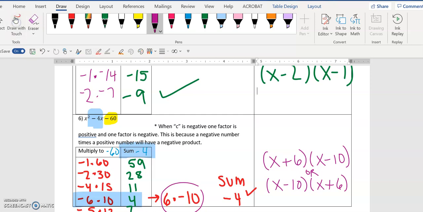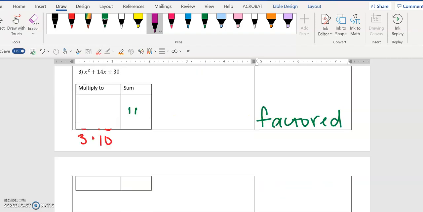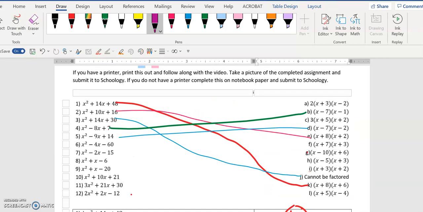Let's go up and see if we can match number 6 with x minus 10, x plus 6. There we go, matches to letter G.